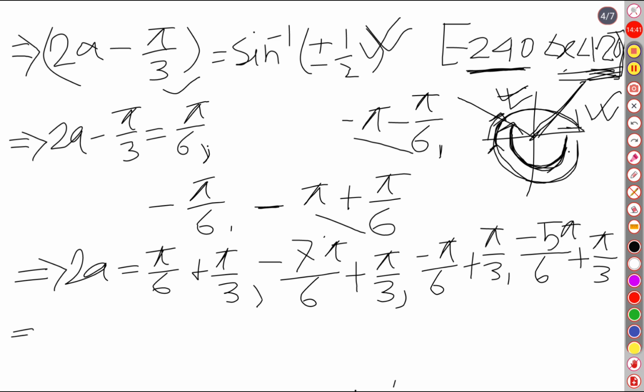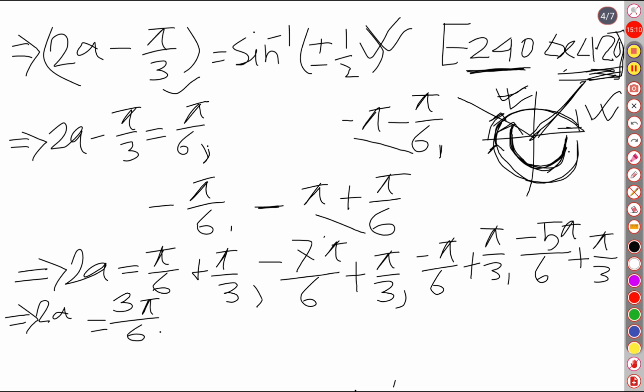So what is it going to be? Ultimately we are going to get, let me erase this. Yes, so we are going to get twice a equal to, if we simplify here, this is actually 2 pi and 3 pi means 5 pi, isn't it? Here 1 pi and 2 pi, 3 pi, sorry, 3 pi over 6.